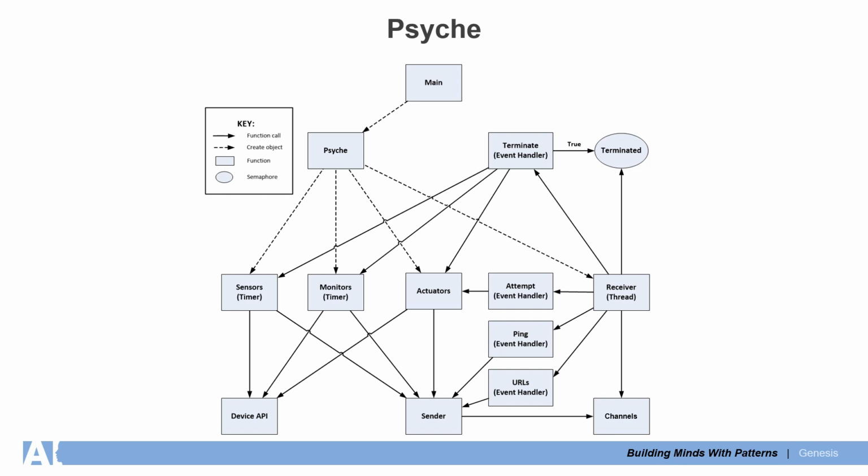Additionally, there is a receiver thread which listens for incoming messages from the mind and marshals the messages and routes them to the appropriate actuators. If a termination message comes, then a terminator component within the psyche sends cancellation messages to all of the internal components, which will shut down the psyche.